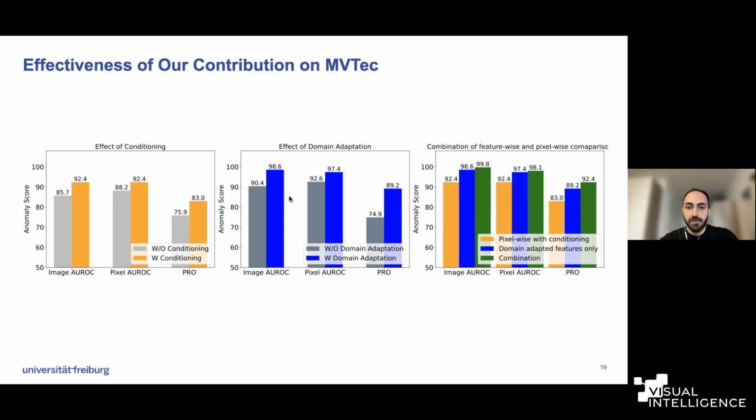And once we have the feature level comparison and the pixel level comparison, you can see we achieve really high and accurate numbers in anomaly detection in both image AUROC and pixel AUROC and PRO. And PRO is also for segmentation, instead of the pixel AUROC, which tries to classify each pixel one by one. PRO tries to evaluate our segmentation per region, which could be a bit more robust.